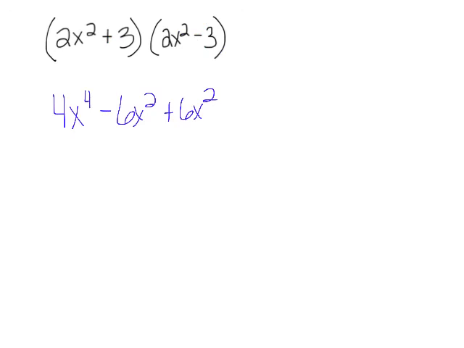And then 3 times -3 gives me -9. When I go to simplify, I have -6x squared plus 6x squared, which just equals 0. So my middle terms actually drop out. I'm left with just 4x to the 4th minus 9 as my final answer.